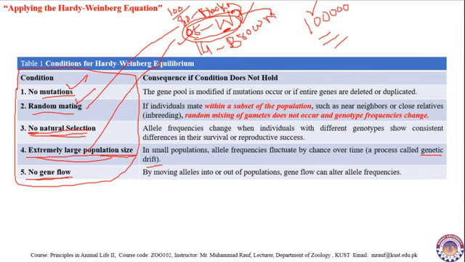Now you can see that those conditions are really tough for a natural population. A natural population is under the effect of various external forces, and they are vulnerable to changes in their allelic and genotype frequencies. So we cannot say for sure that a natural population exists anywhere in the world which fulfills all those 5 conditions. There must be deviation in 1 or 2 of those conditions.